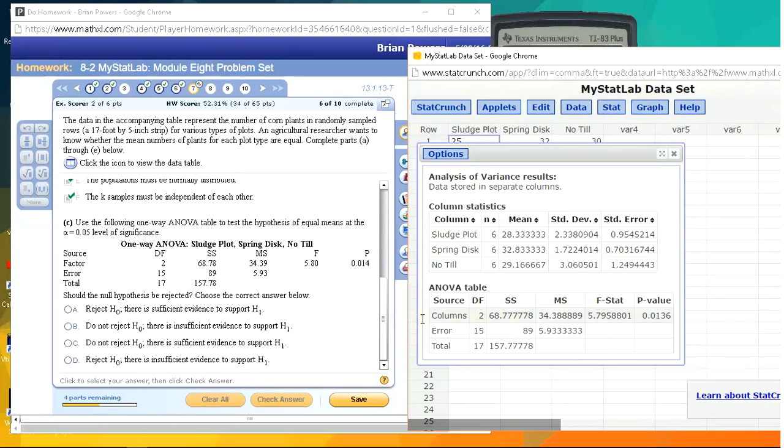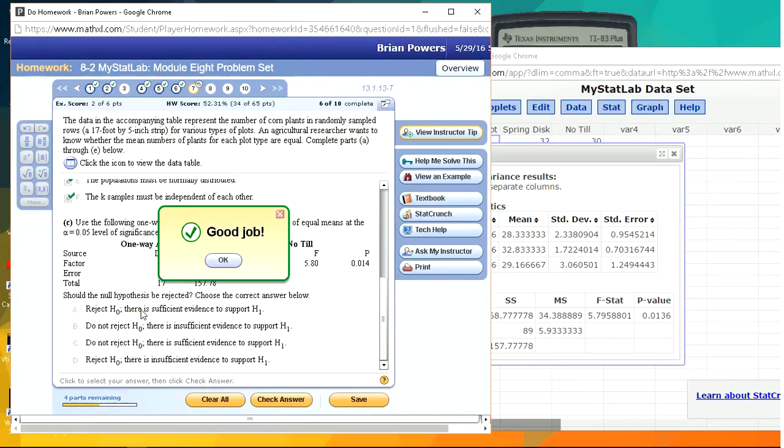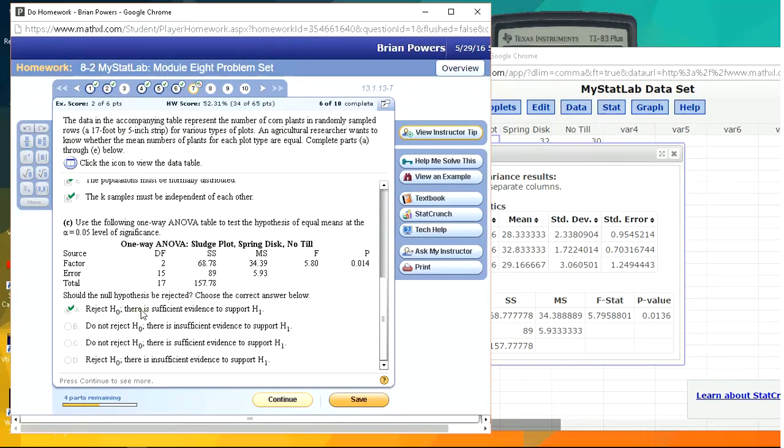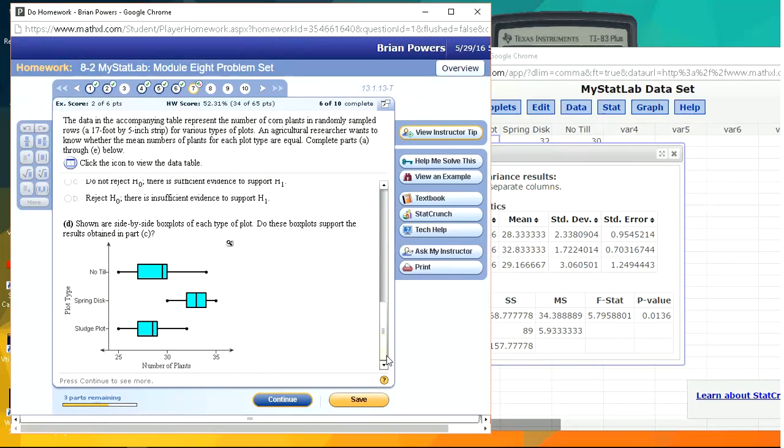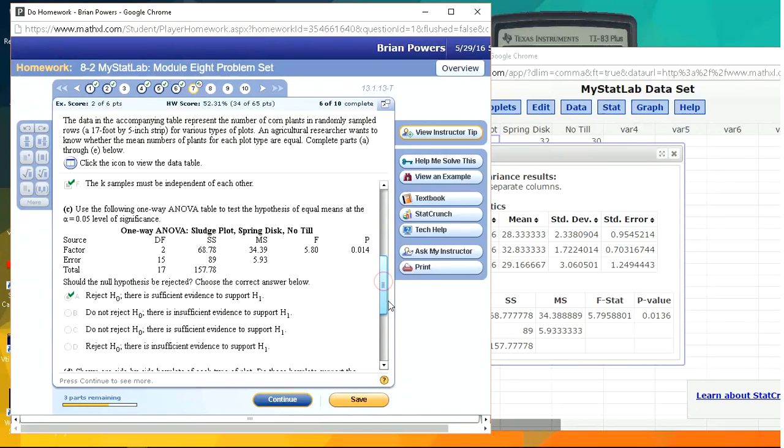We have the sum of squares, which is rounded off, the mean squares, the F statistic, and the p-value. So the p-value is small. That's what we look for. The p-value is small, so we want to reject the null hypothesis. There is sufficient evidence to support the alternative. That's the bottom line. You reject based on the p-value. And the reason is that it was smaller than our alpha. The alpha was 0.05, the p-value was smaller, so you reject.